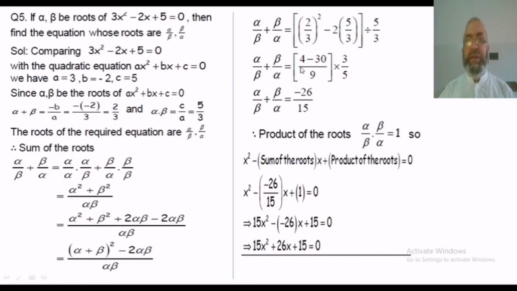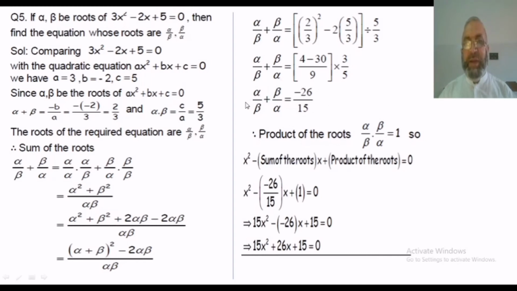With 9 as the LCM, we get 4 minus 30, so alpha by beta plus beta by alpha is equal to 4 minus 30 over 9, times 3 by 5. Again this 3 cancels with 9, and 3 fives are 15. So 4 minus 30 becomes minus 26, and 3 into 5 is 15. So the sum of the roots is minus 26 by 15.